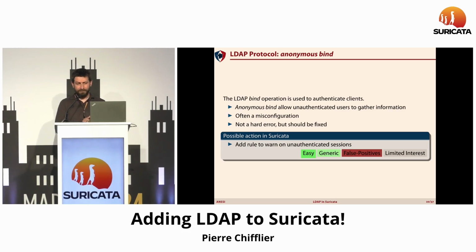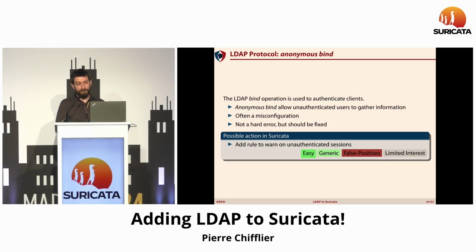So the first state of a connection is anonymous bind, meaning you have no user bound to the connection. When a user is on a network and the LDAP server is accessible, it can send requests to list the content, and these requests will be anonymous.